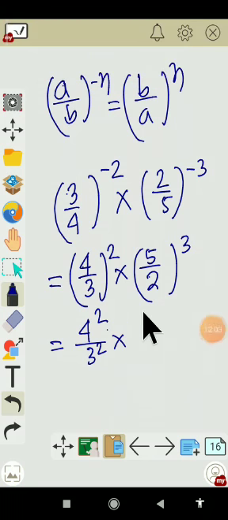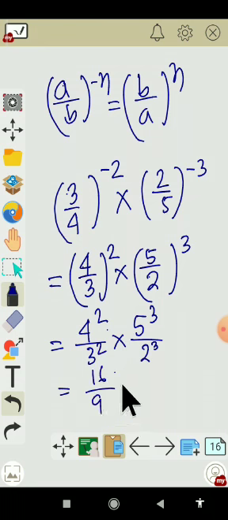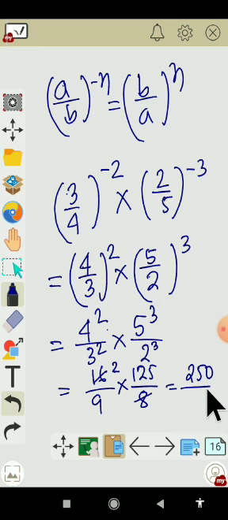Now we break this one also as 5 cube by 2 cube, and here we have to calculate it. If you calculate this, you will find that it is 16/9 times 125/8. So 8 into 16, so finally we will get 250/9 as the answer.